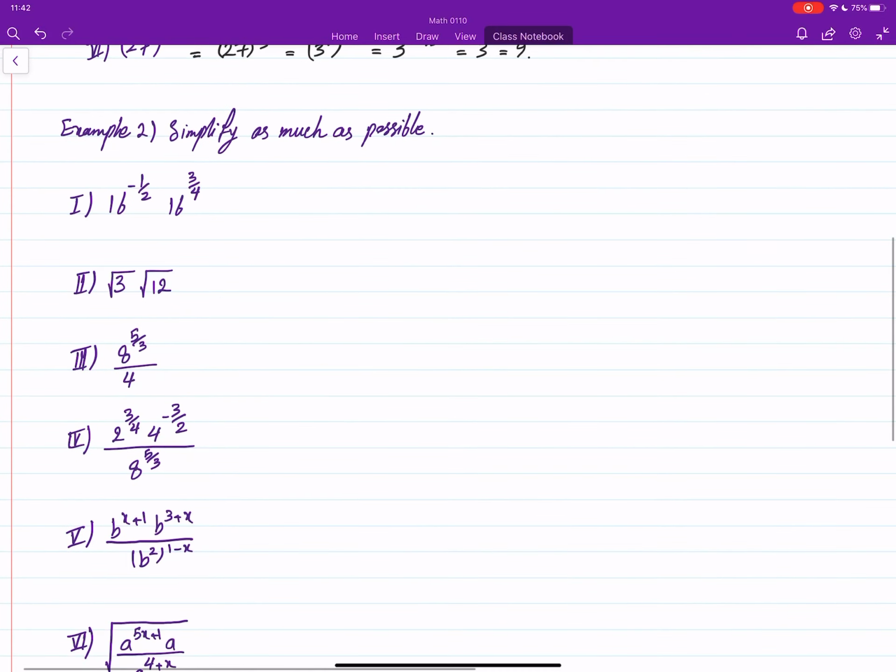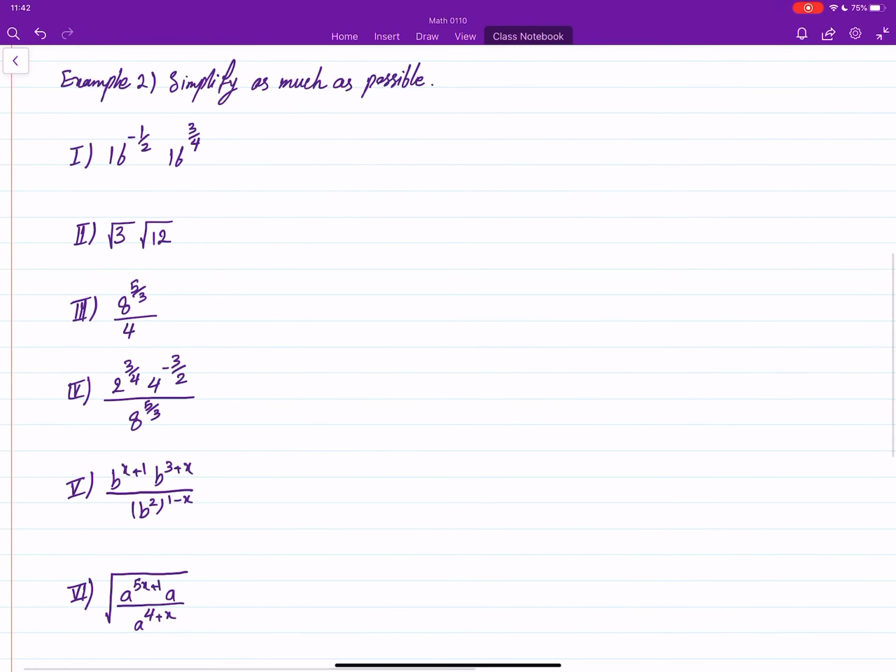The second example will be on simplifying. Well, these are more like how exponential properties and other operations work together. Okay. First one, we have the same base, so we can write one of the bases and add the exponents here, and then this gives us 5 minus 2 plus 3.